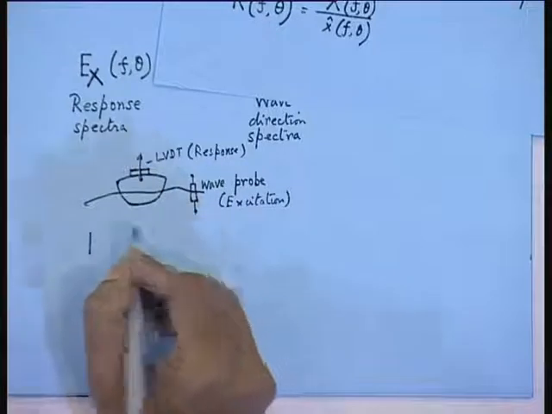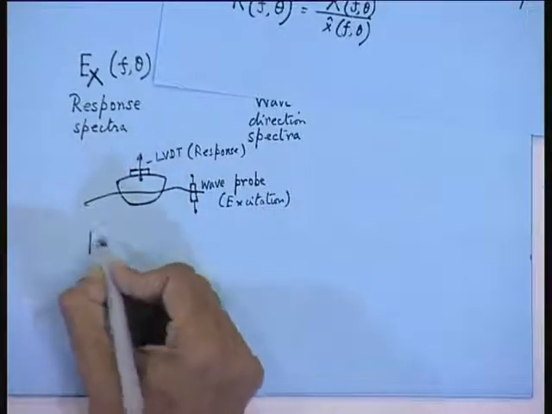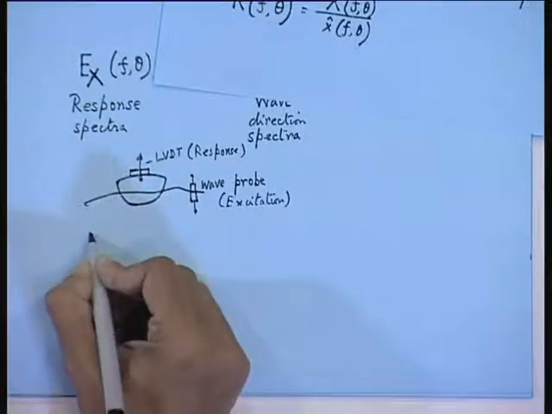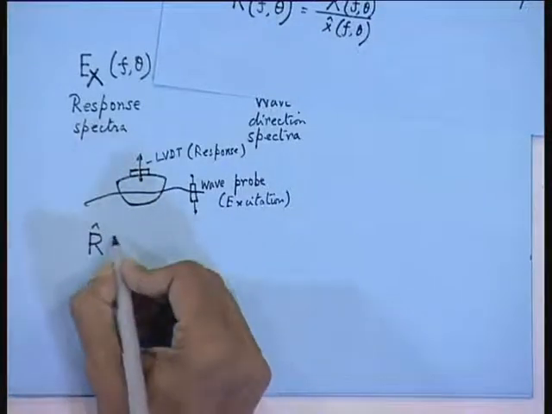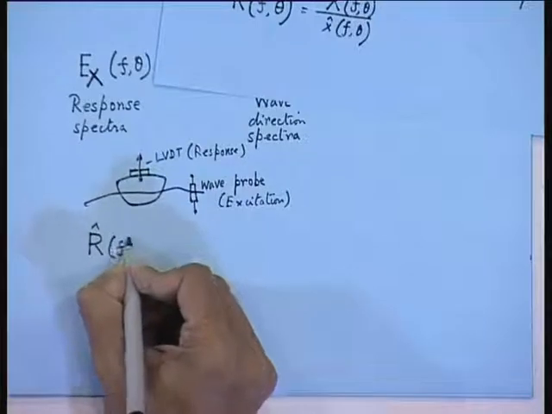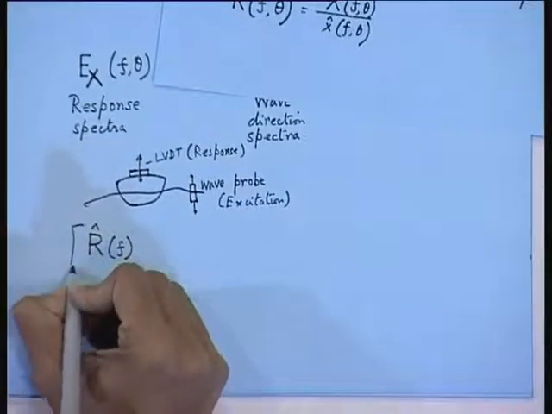Now, what you do is you get this value. Now, actually you have to find out this motion RAO. So, this square is what?